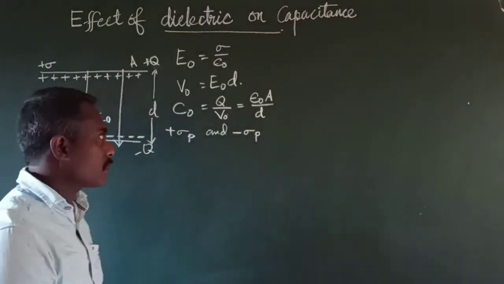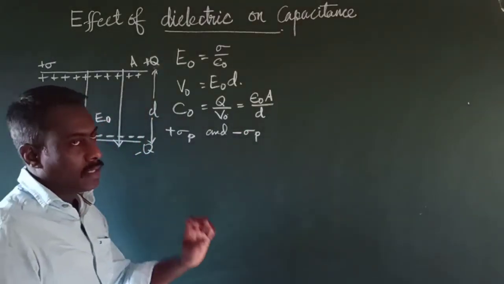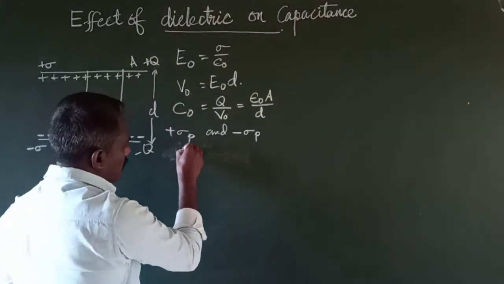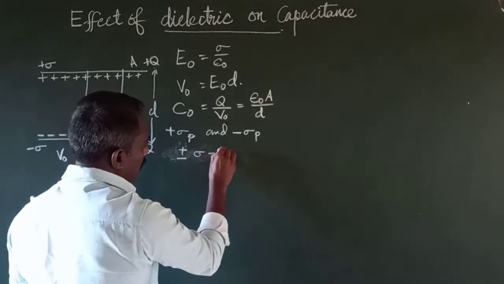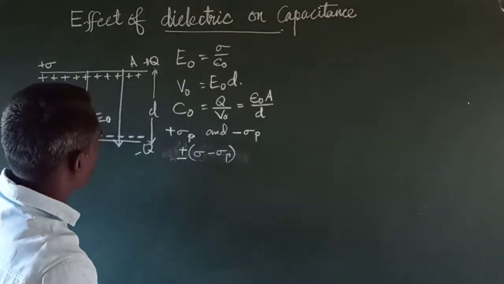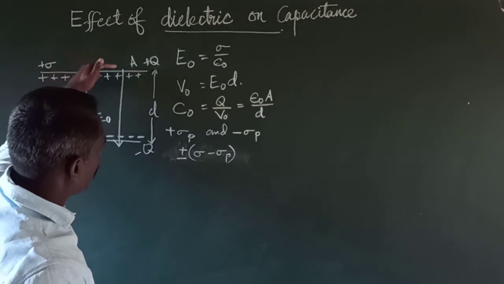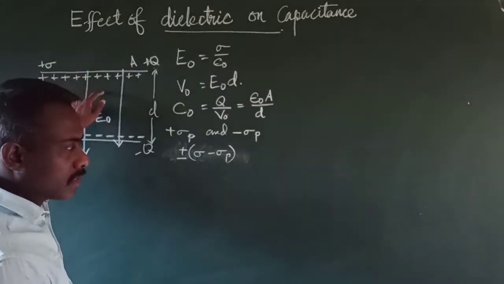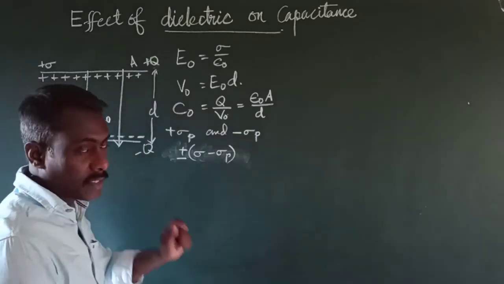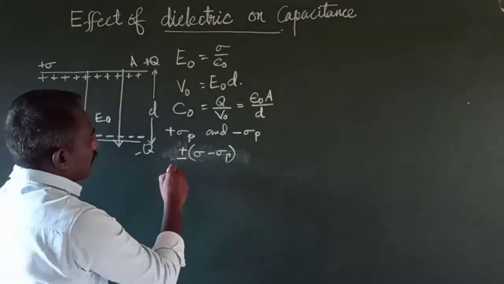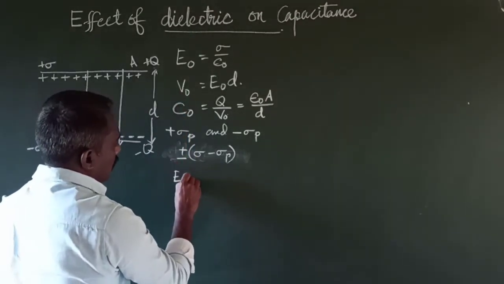The net surface charge density will be sigma minus sigma p, the difference between the surface charge density of the parallel plate capacitor and that of the dielectric inserted.